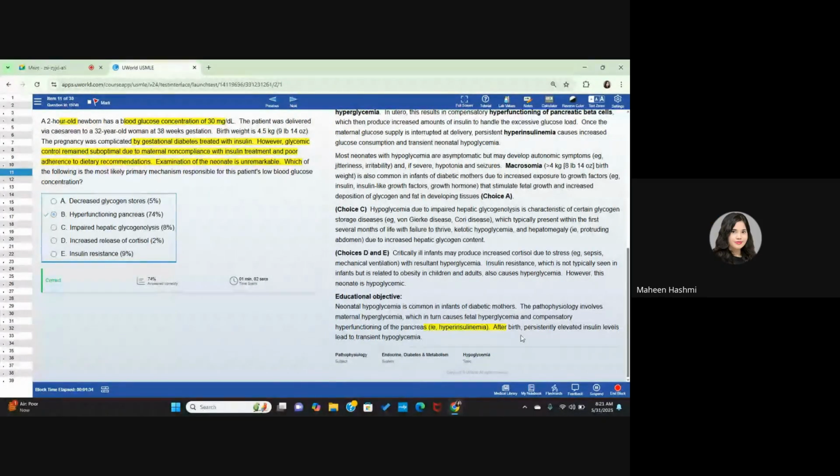Seizures, yes. What else? Poor feeding, lethargy. Fatigue, poor feeding. Very good. Poor feeding, seizures, all of that can present as hypoglycemia in a newborn baby.